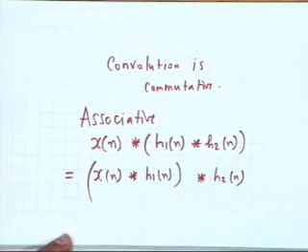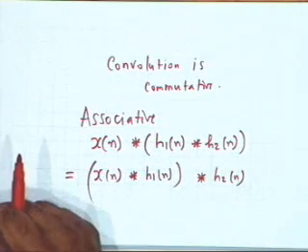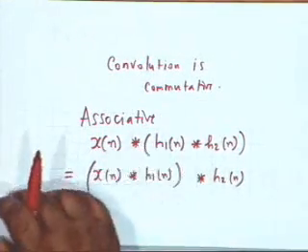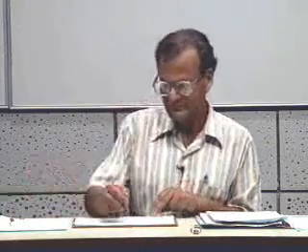This is the associative property, and one can very easily show that convolution is also distributive.